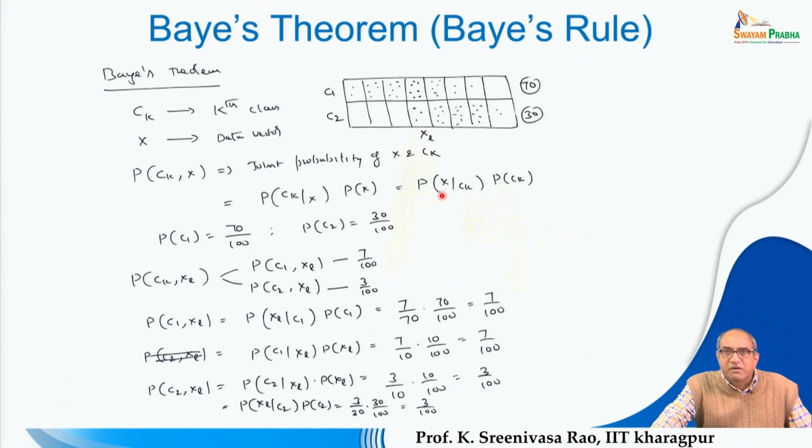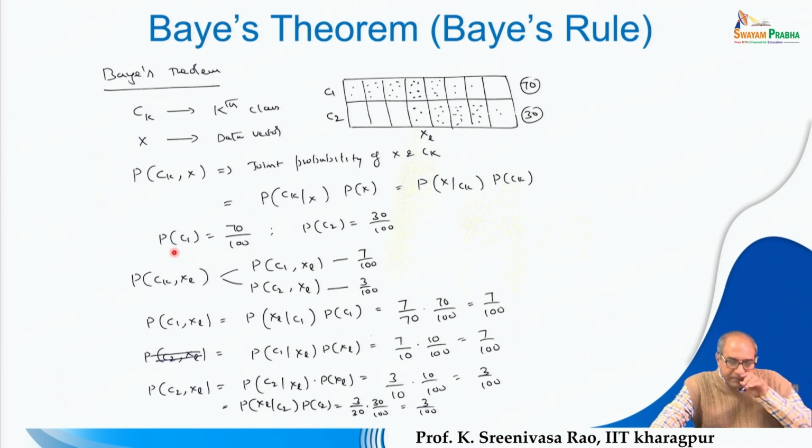These are conditional because we are assessing the probability of either a class or a vector conditioned on the other quantity, right. Therefore, these are known as conditional probabilities, and the joint probability can be estimated using either of these two expressions: probability of Ck given x into probability of x, or probability of x given Ck into probability of Ck, right. Okay.